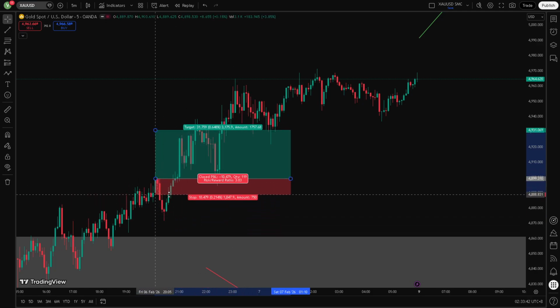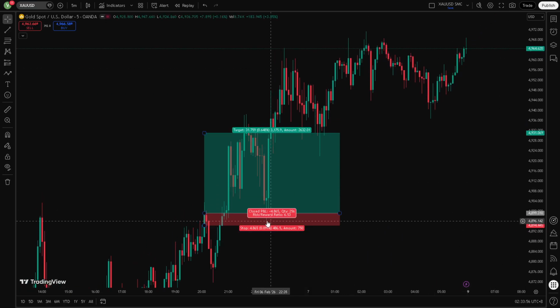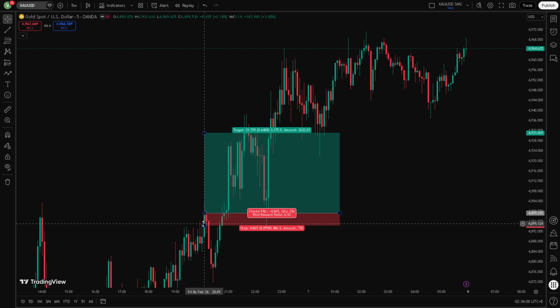I'm gonna buy long. I'm just gonna put, let's say, enter on 4899. So 4894.4 is my stop loss. See, it just barely touched it.